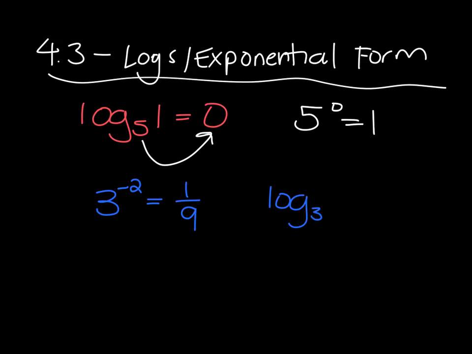And then remember, they split up, so that negative 2 doesn't stay with the 3. The 1/9 comes across the equal sign, and the negative 2 goes to the other side. So you will have questions as easy as that. You just have to remember how to get from one form to the other. And these are ones, unfortunately, that you're not going to get much partial credit, so you want to make sure you're careful.